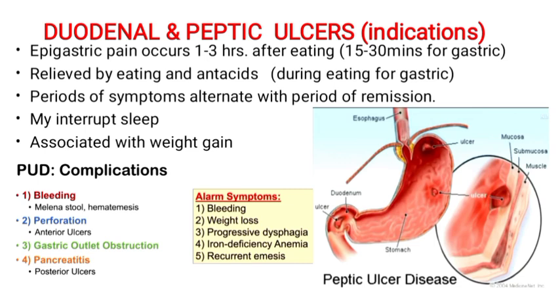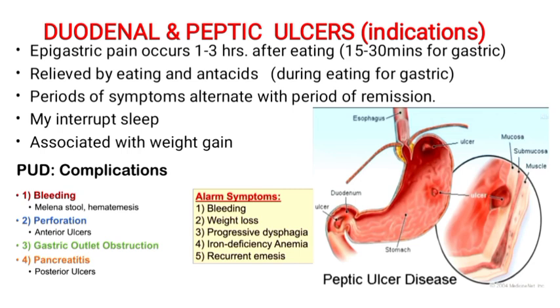The duodenal ulcer occurs in the duodenum, and the gastric ulcer occurs in the stomach, the gastric portion.